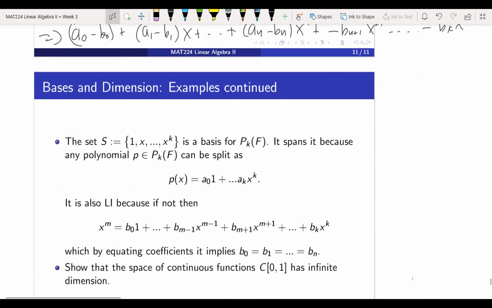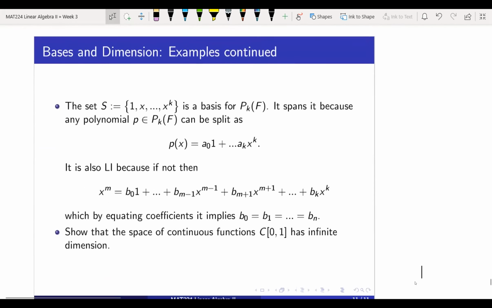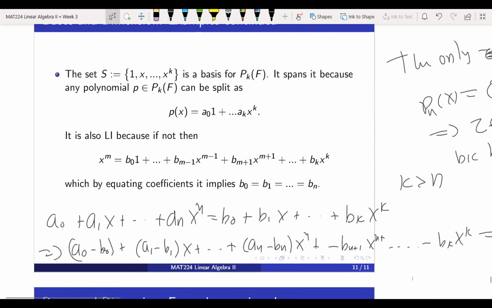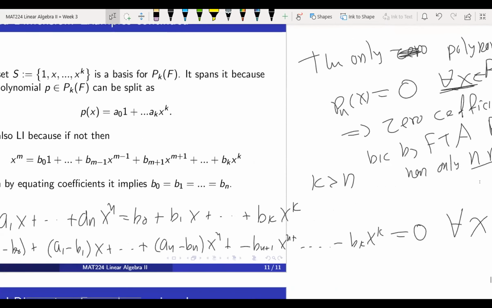So that showed independence. Wait, sorry, can you go back to that? So what you were saying about the fundamental theorem of calculus, sorry, of algebra, is that the fact that we have a degree greater than n?